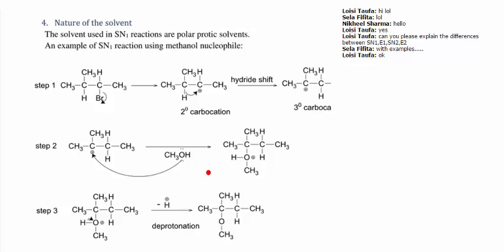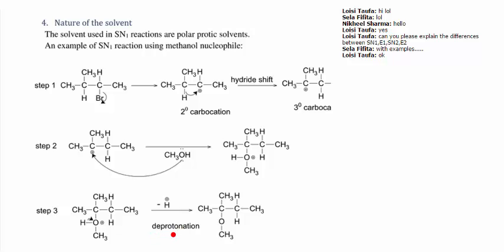And oxygens in their stable form only form 2 bonds. So here, since it has formed 3 bonds, it has attained a positive charge. And since oxygen is quite electronegative, it's more stable having a neutral charge instead of a positive charge. So what happens in the next step is that deprotonation takes place.